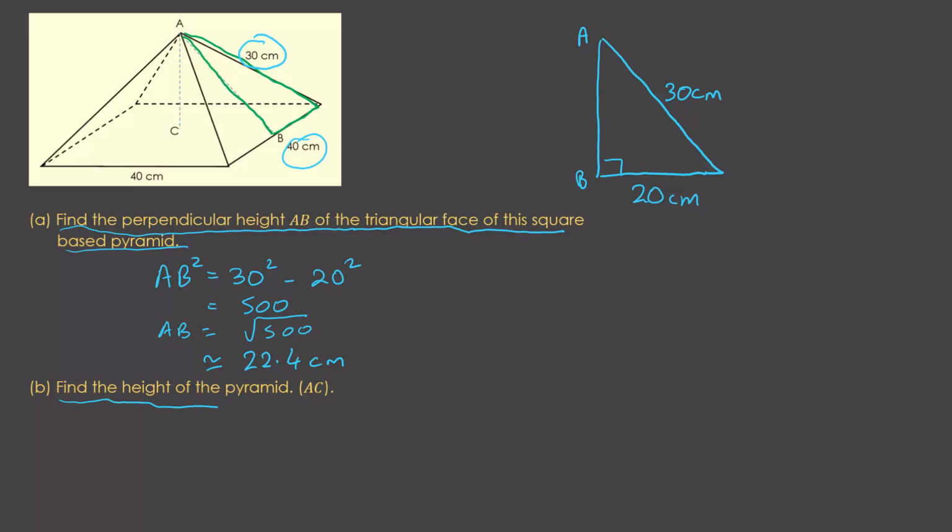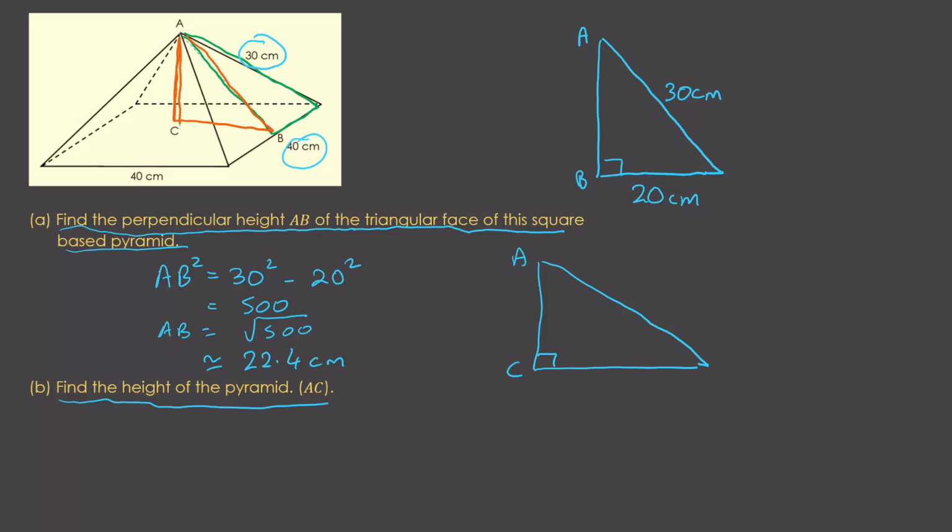We now want to find the height of the pyramid. That's AC here. We can form a right-angled triangle here. We can see from the diagram that that is the triangle ABC.